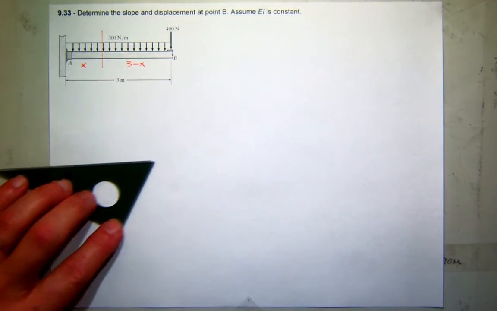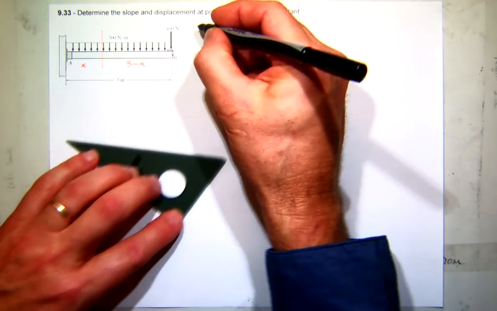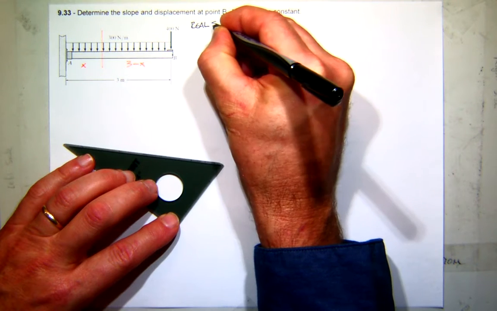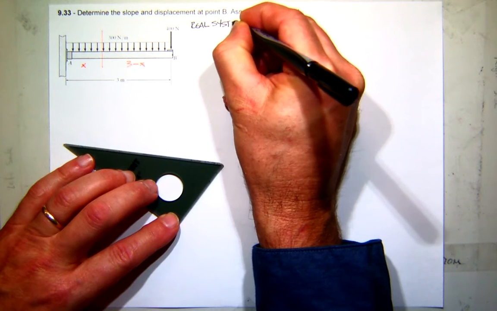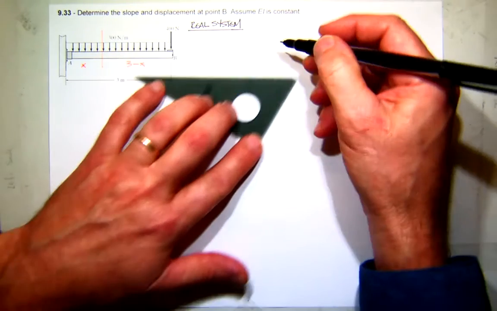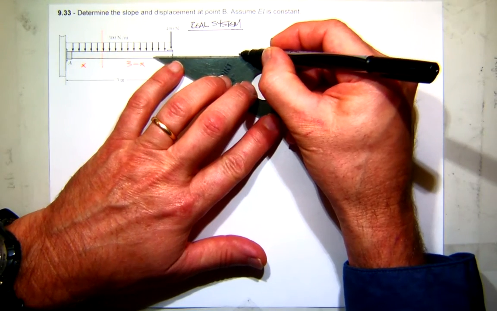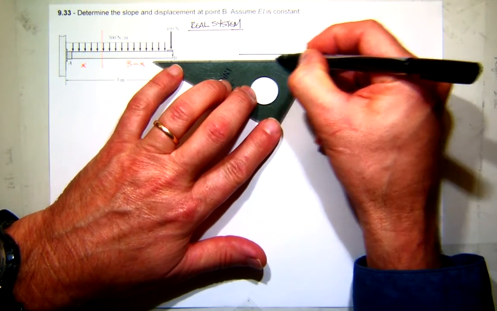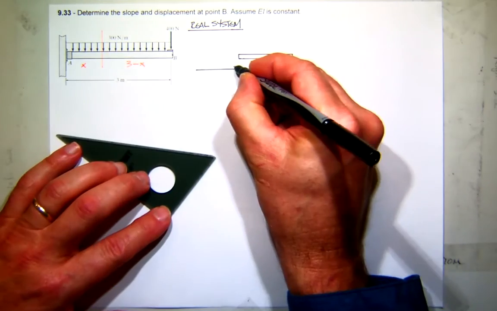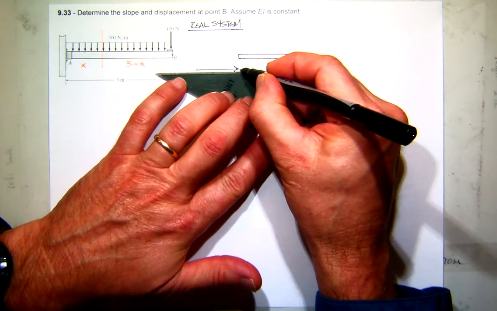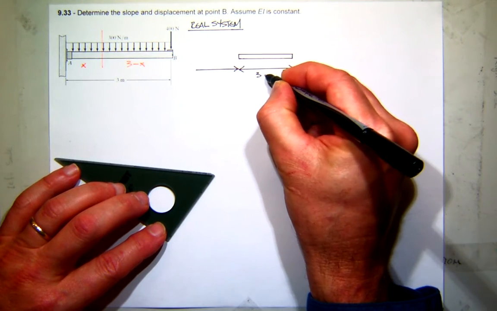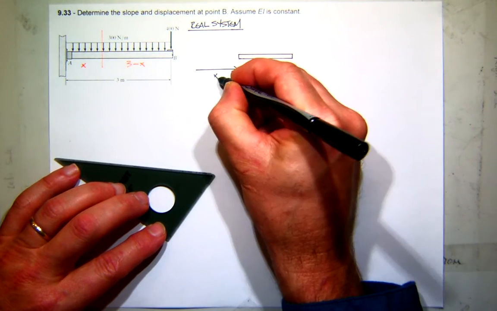So I'm going to draw the free body diagram for that. So this will be the real system. So I'll draw it kind of like this. So I know at some distance x, then the remaining segment will be 3 minus x.